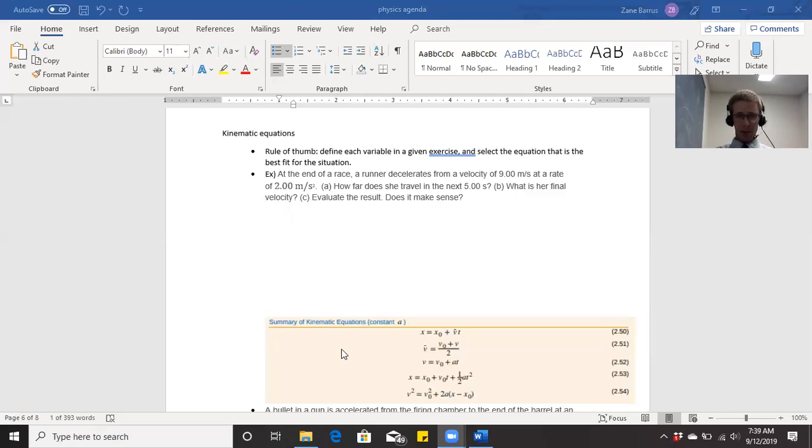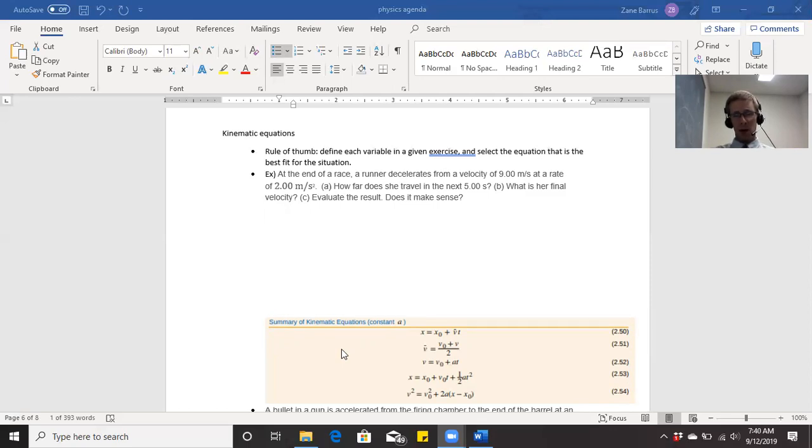This can be overwhelming for a lot of physics students, and I remember when I first learned this, it was overwhelming for me too, because we've got 5 equations here, and we already taught you 2 or 3 equations up to this point in this lesson. So there's potentially 7 or 8 equations you might need to know this week to do the assignments.